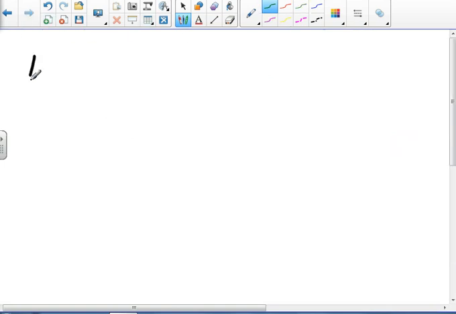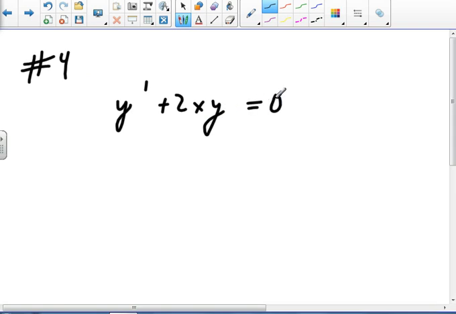Okay, I'm looking at number 4, and I've got y prime plus 2xy is equal to 0. If I was solving that in chapter 1, I would say dy over dx is equal to minus 2xy.